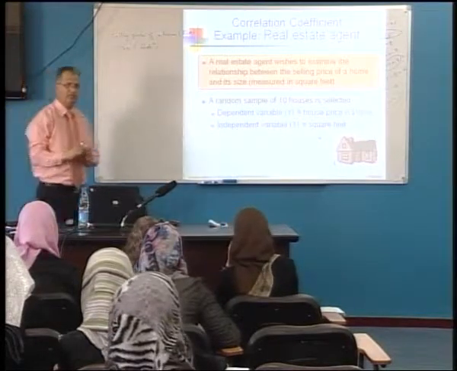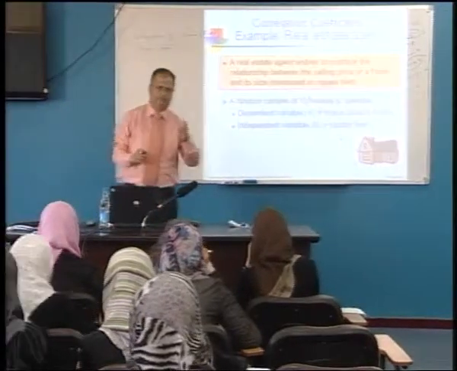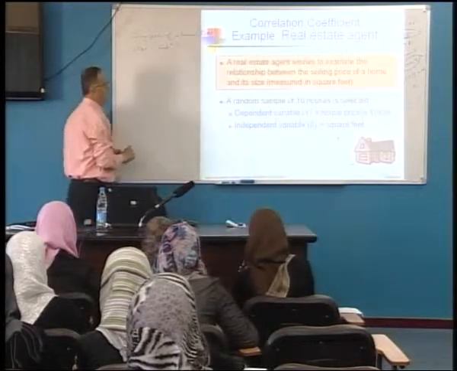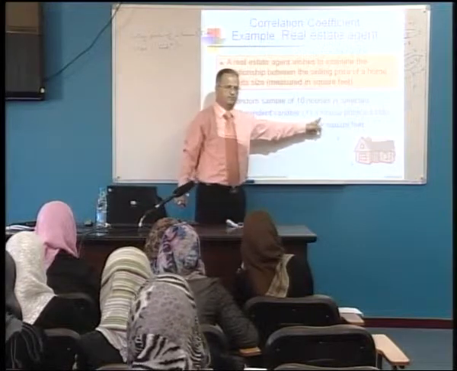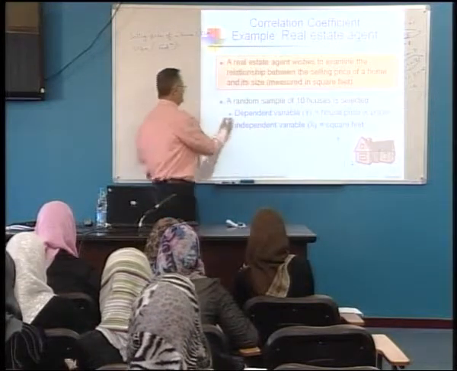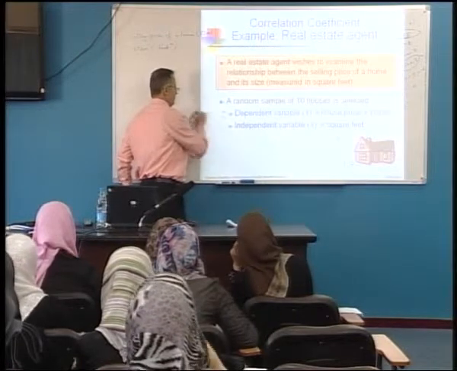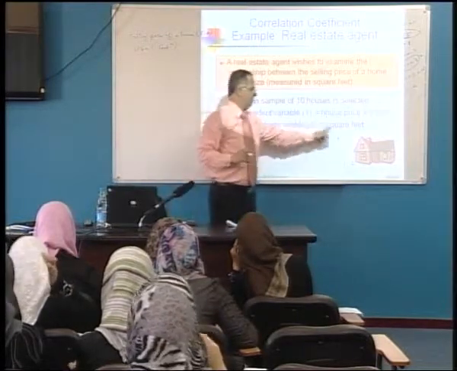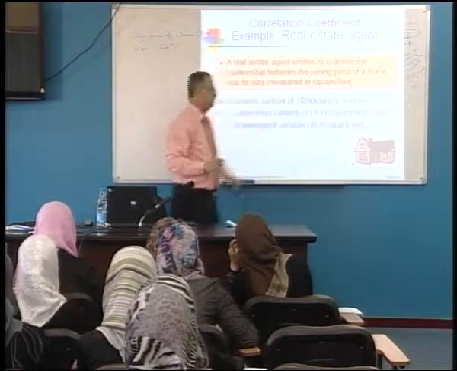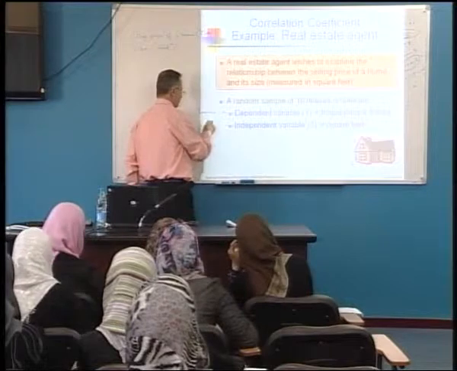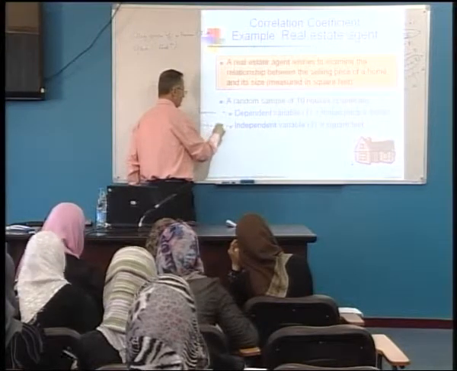Here we have to distinguish between dependent and independent variables. Your dependent variable is house price, sometimes called the response variable. The independent variable is the size, which is in square feet, sometimes called the explanatory variable.